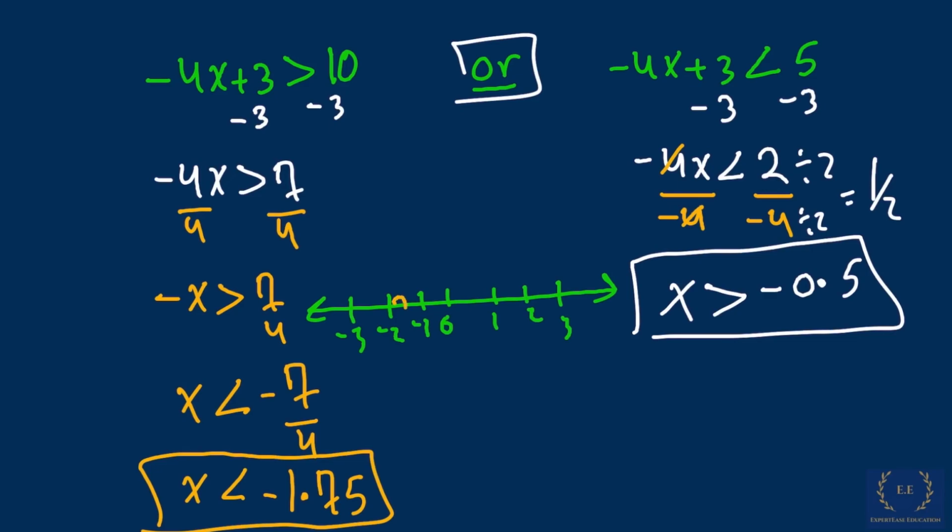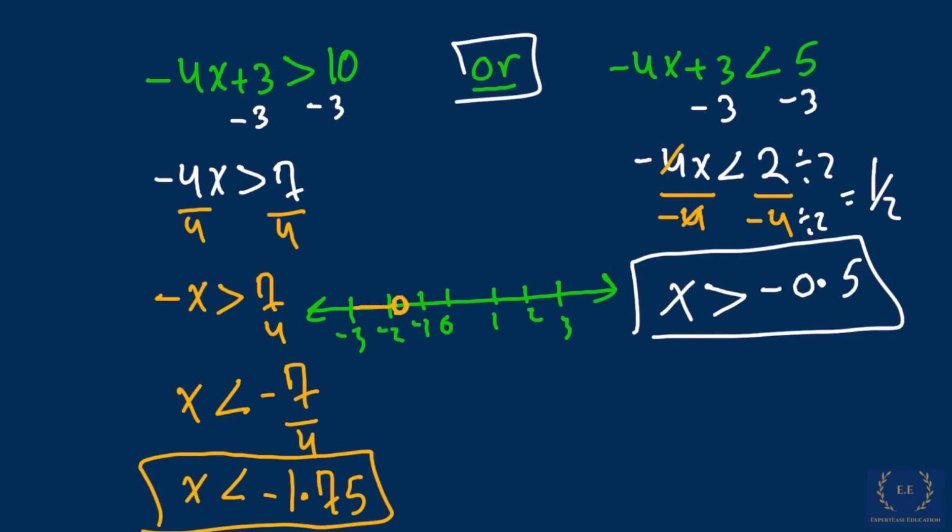Keep in mind it's not included, so you put an empty circle, and then drag it all the way towards the end. This is the first condition. Now for the second case, we have x is more than minus 0.5, which is going to be right here. More than minus 0.5, we have to go all the way to the right side. So we have satisfied the second condition.